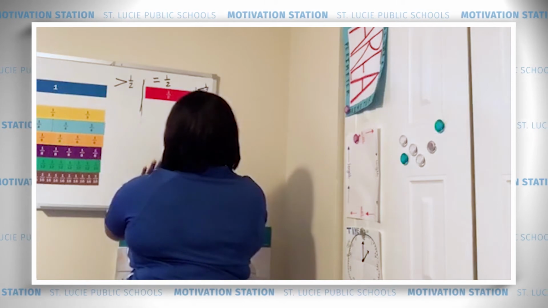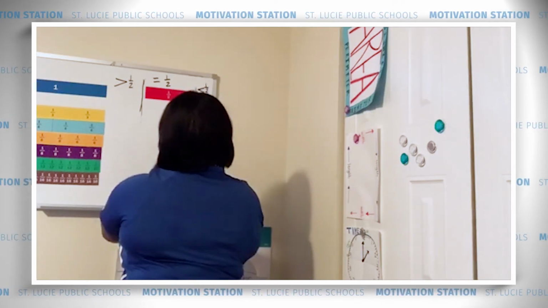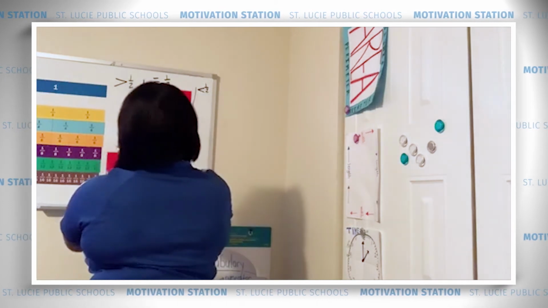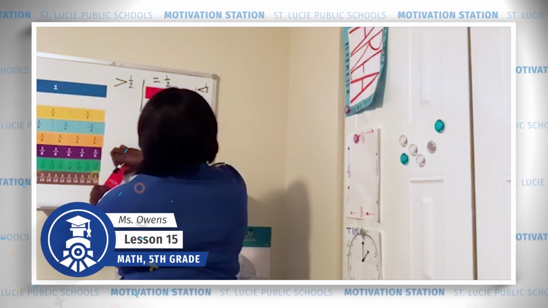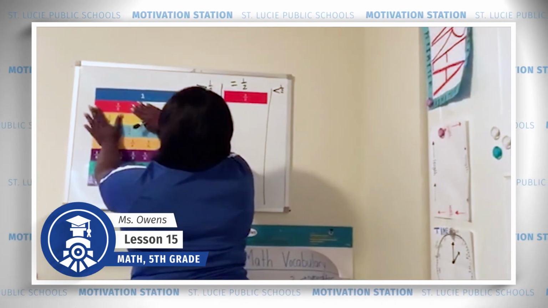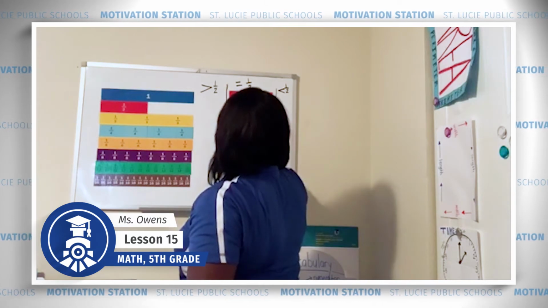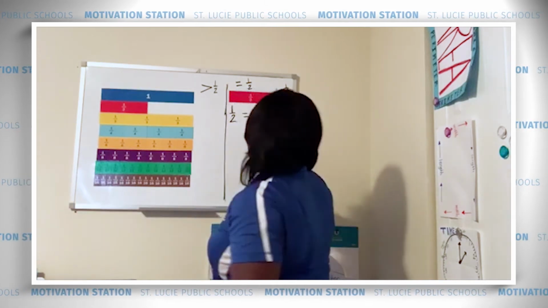Whoops, I'm having some technical difficulties here trying to get this strip off. Well, to save on time, we're going to use our imaginary line. So we know that half is equivalent to half.